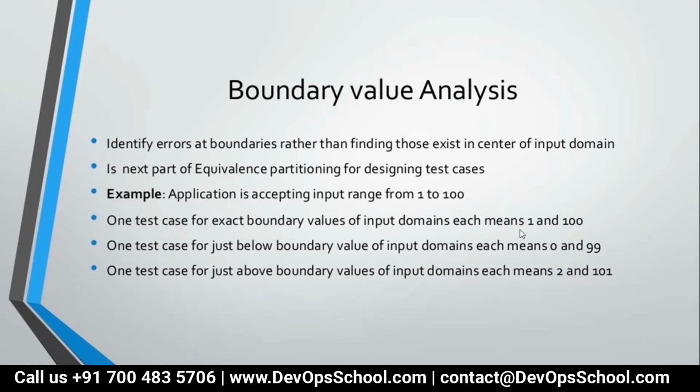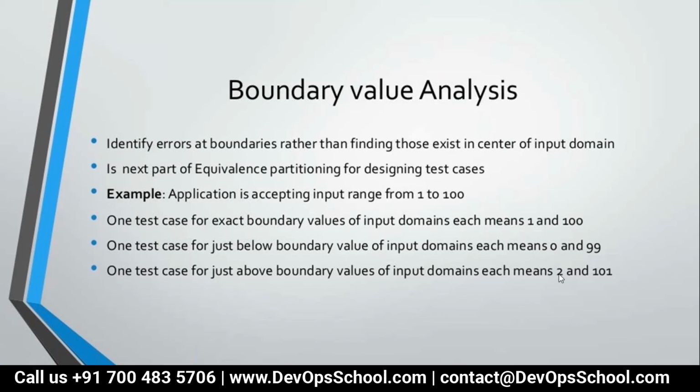There are two boundaries here, 1 and 100. So 1 exactly on the boundary, 0 is 1 less than the boundary, and 1 greater than the boundary, 1 plus 1, 2, right?